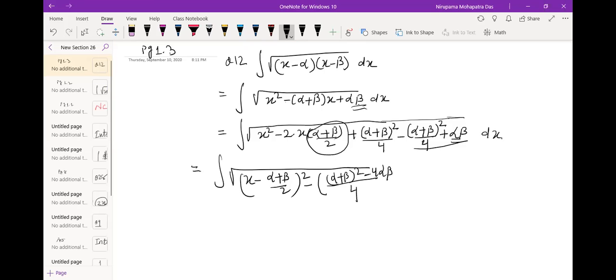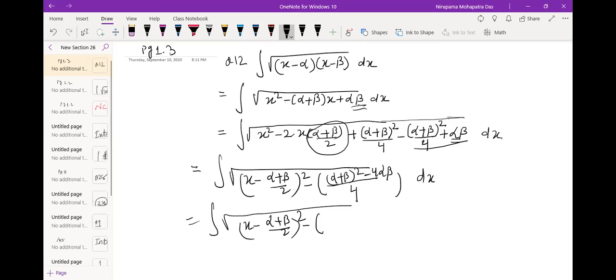Okay, are you getting a formula here? Yes. Integral of x minus alpha plus beta by 2 whole square. Then here minus of alpha plus beta whole square minus 4 alpha beta.